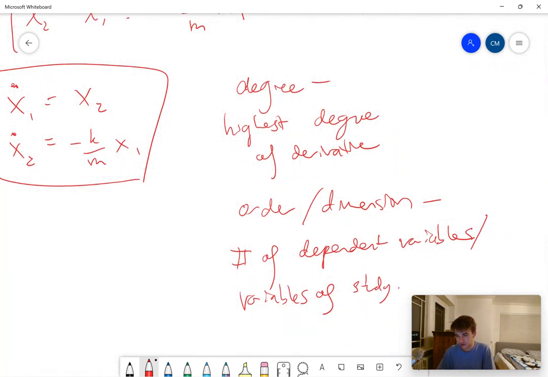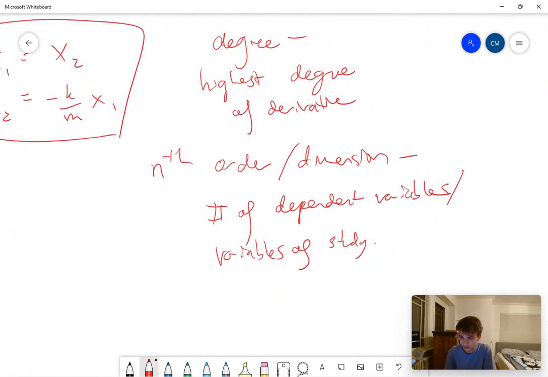And as such, if we have an nth order system or an nth dimensional system, that has to consist of n first degree differential equations in order to fully describe the system. Think about linear algebra: if you have an nth dimensional space, you need n vectors to span it.